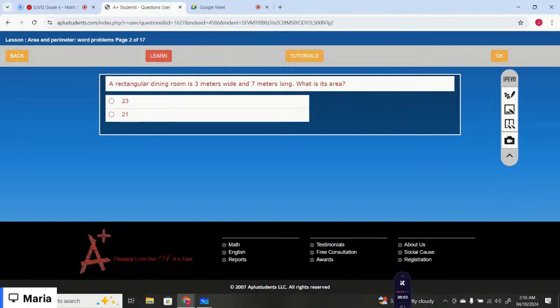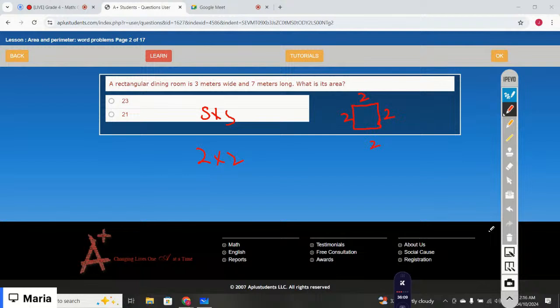So that is a rectangular shape, right? For rectangles, how do we calculate the area? That is length times width, right? So you need to do 7 times 3, that is 21. Option number 2 is the correct option.